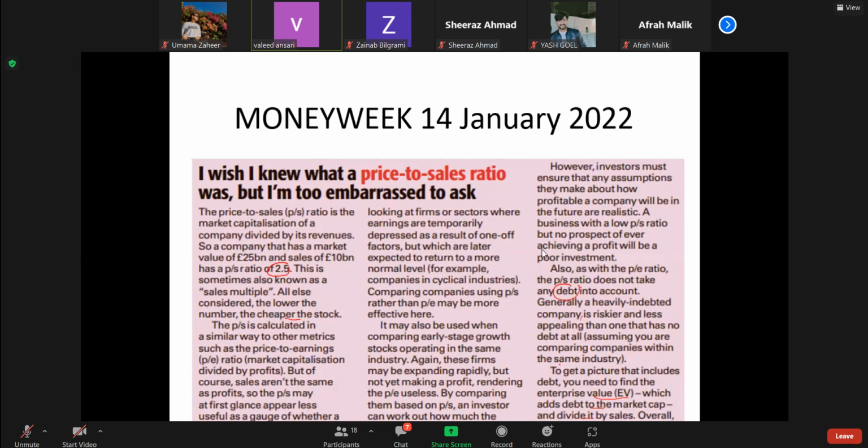What it is saying is that for those companies which are young and which do not have profits, P/S may be very important, or if their earnings may be depressed, maybe because of COVID or some other situation, then it can be used. But moreover, it does not tell about the riskiness of the companies. If a company is highly levered, it is a very risky company.